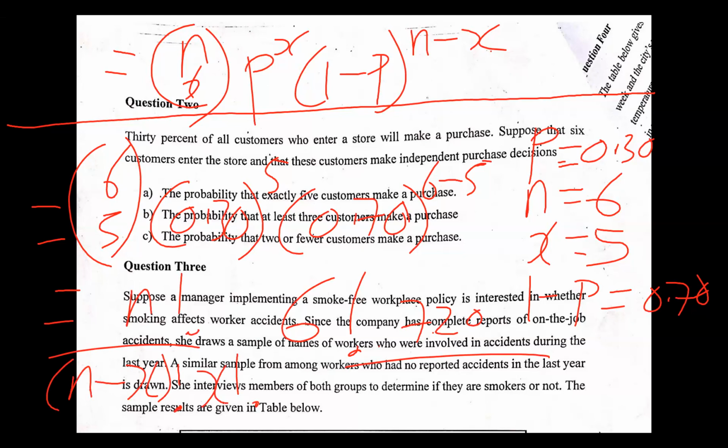What is n minus x, which is 6 minus 5? That would be 1, in the bracket. What is 1 factorial? 1. Times x factorial. Our x is 5, so do 5 factorial. 120. All right, so now 720 divided by 120.